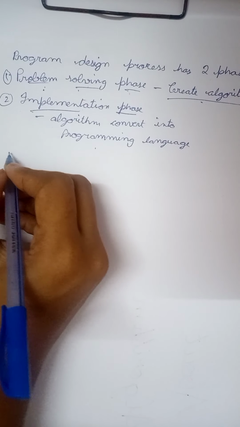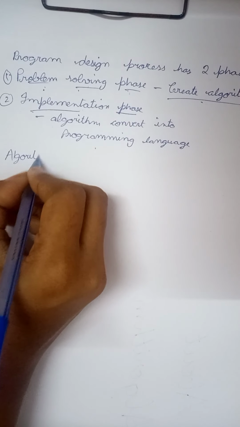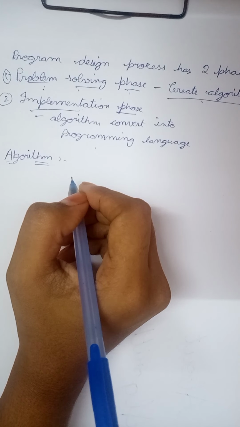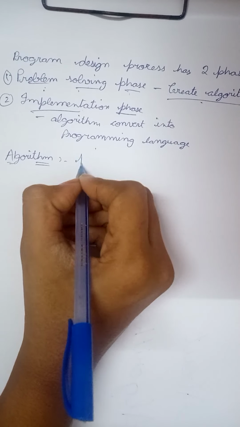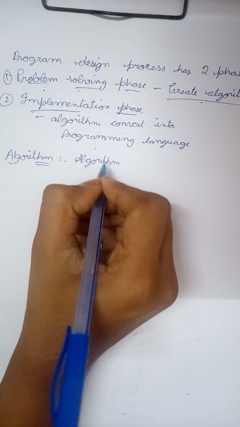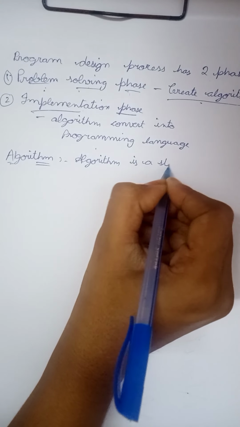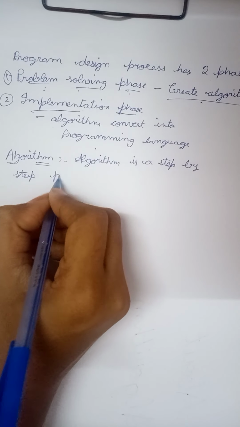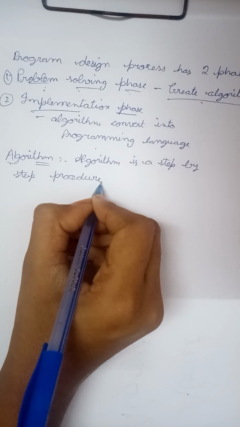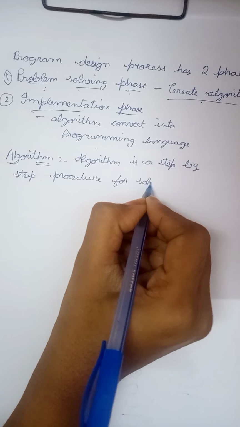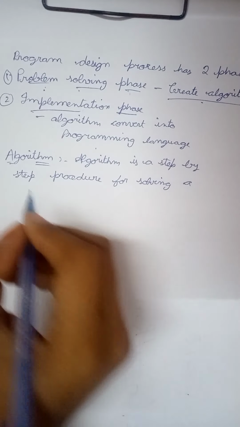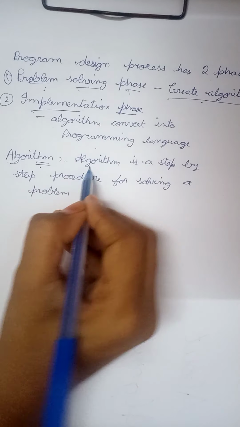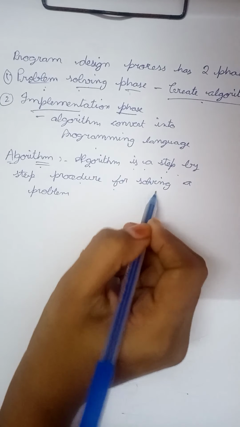So the definition of algorithm is: an algorithm is a step-by-step procedure for solving a problem.